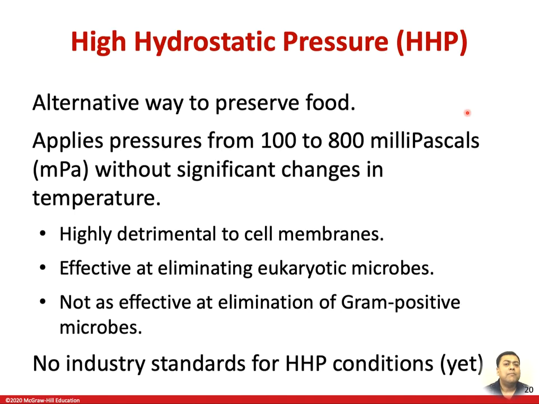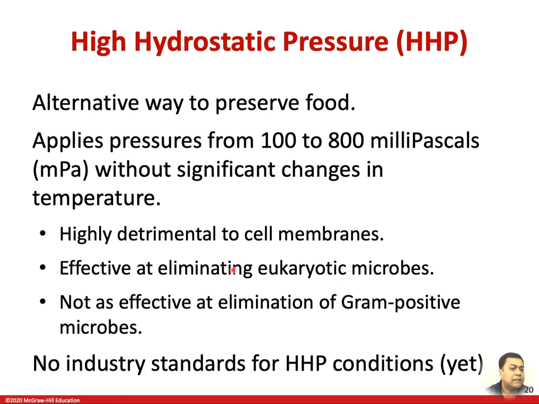Another important thing, which is not yet used in industry, is high hydrostatic pressure, also known as pascalization. This is an alternative way to preserve food and applies pressure of about 100 to 800 megapascals without significant changes in temperature. It is highly detrimental to cell membranes and effective in eliminating eukaryotic microbes, meaning mainly protozoal contaminants can be reduced by this high hydrostatic pressure.